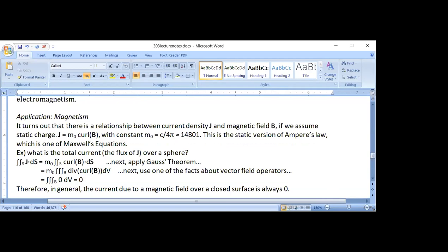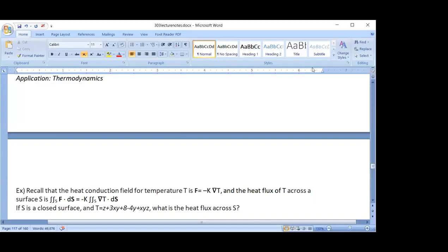Okay. Let's do another application. Next application is in the area of thermodynamics. So here's the setup.